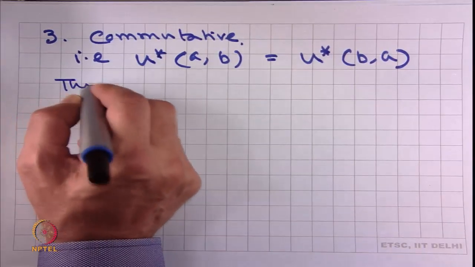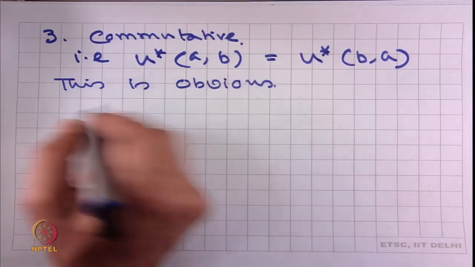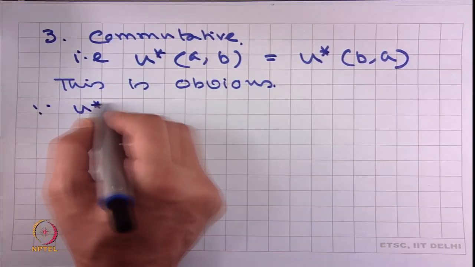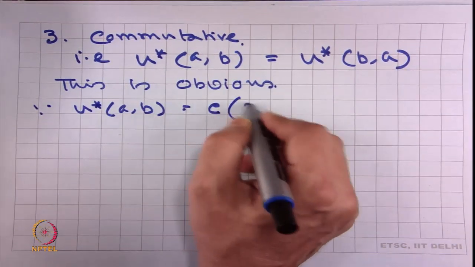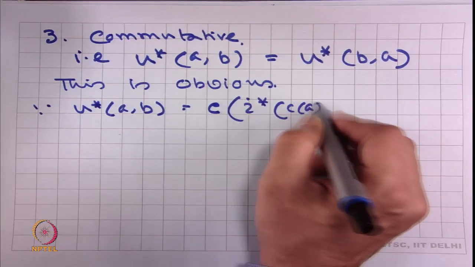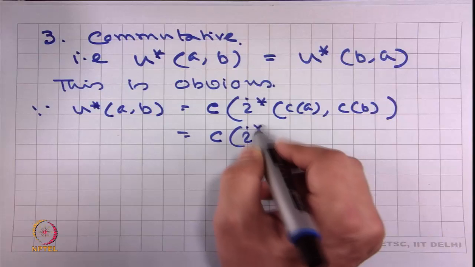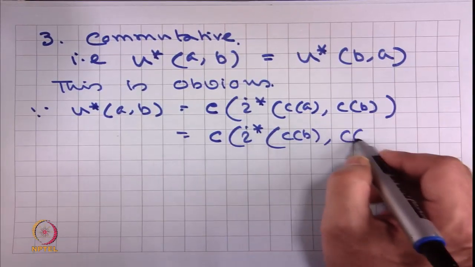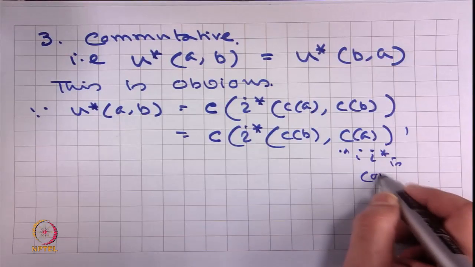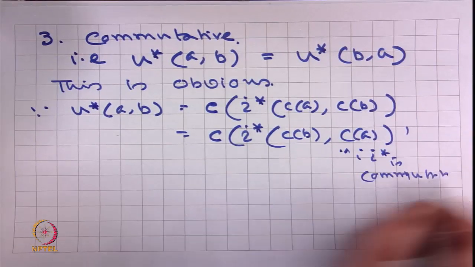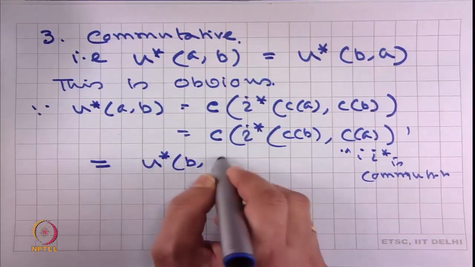This is obvious, since u star of a comma b is equal to C of I star of C of a comma C of b, which is equal to C of I star of C of b comma C of a, because I star is commutative, which is equal to u star of b comma a.